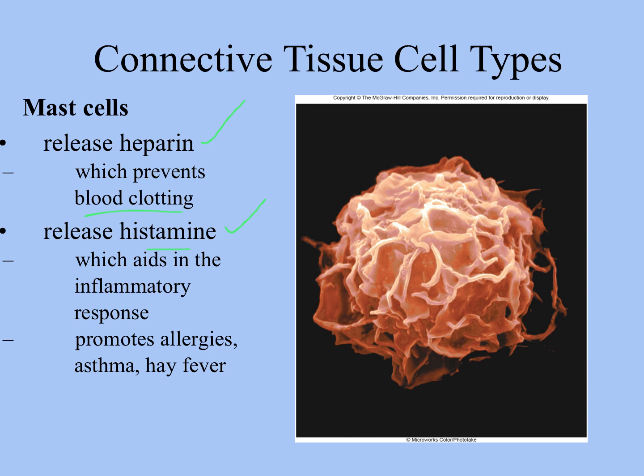And histamine will aid in the inflammatory response by dilating blood vessels, for example. And histamine is also involved in promoting allergies, asthma, hay fever, which are not necessarily physiological responses, but more pathophysiological responses that cause problems in our body.